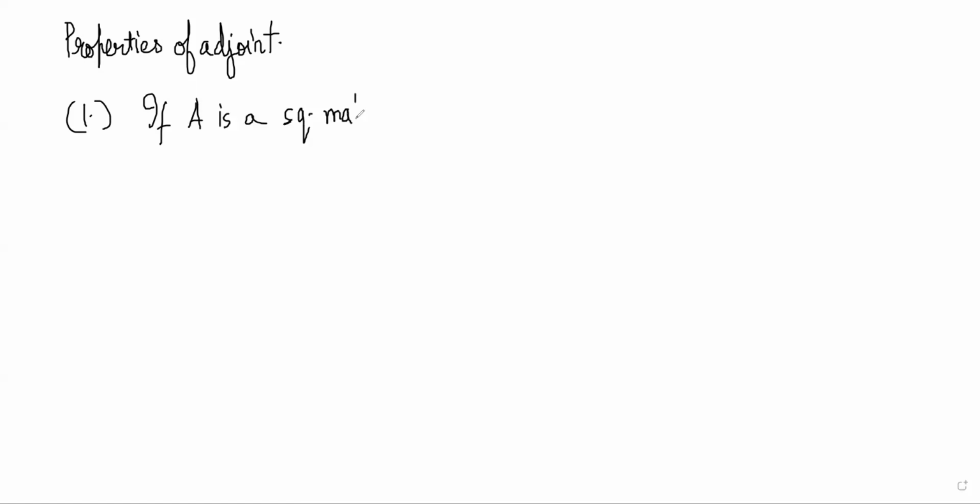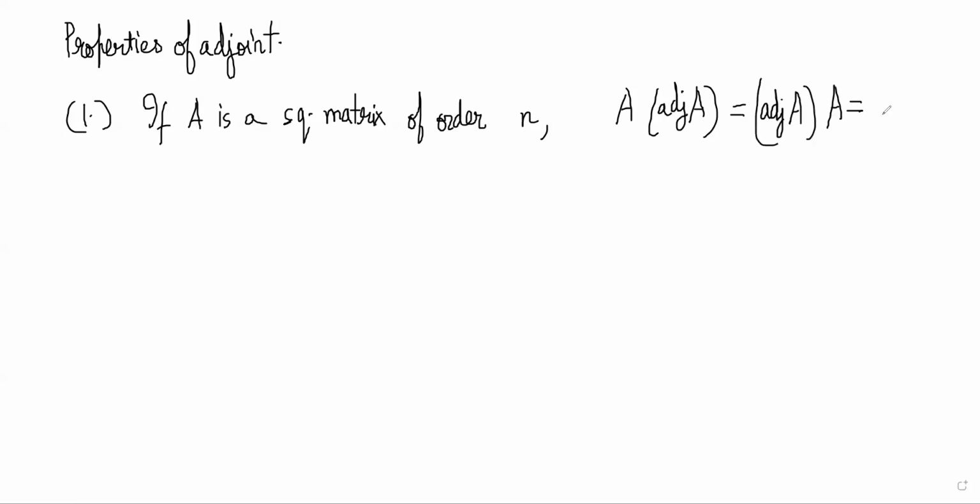Some properties of adjoint. The first one is basically if A is a square matrix of order n, then A into adjoint of A is equal to adjoint of A times A is equal to det of A times In, where In is unit matrix of order n.